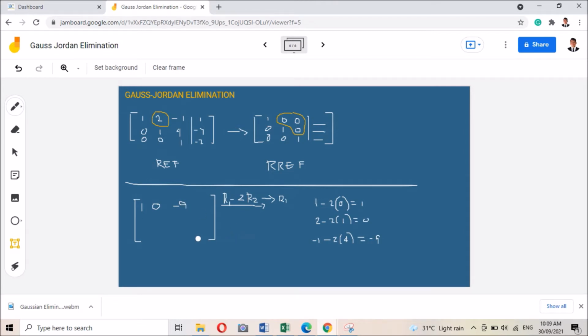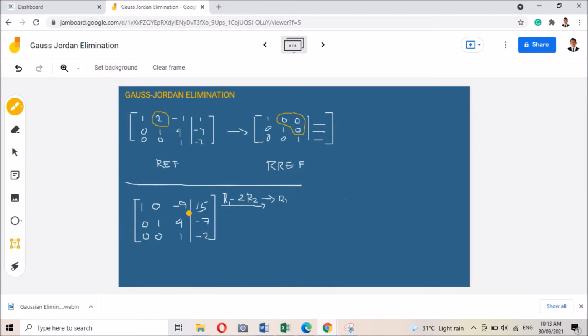And then the last part, 1 minus 2 times negative 7, that will give us 1 plus 14, which is 15. So that will give us positive 15. Okay, so we'll just copy the entries of row 2 and row 3 there.